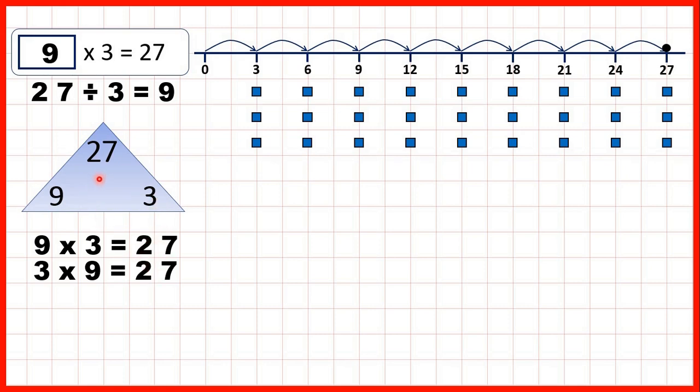But it also gives us 2 division facts. It tells us that 27 divided by 3 is 9, and 27 divided by 9 is 3. So if we divide the top number by one of the bottom numbers, we'll get the other bottom number.